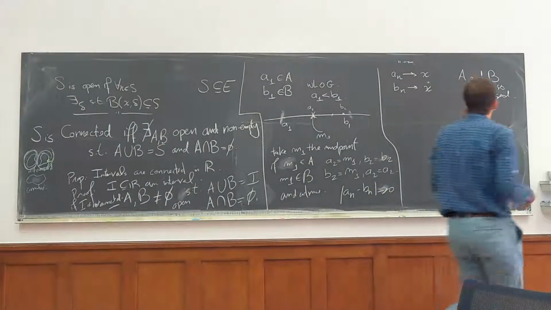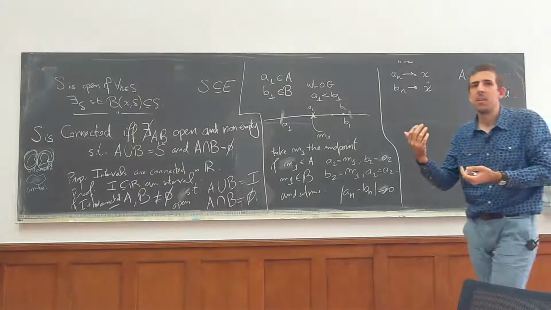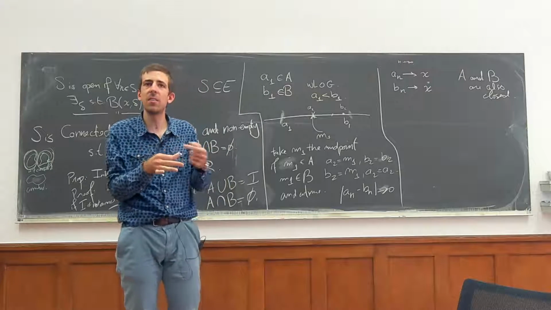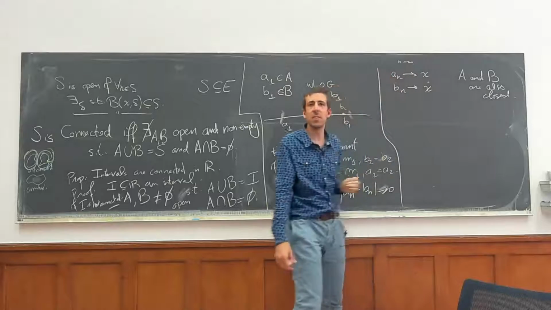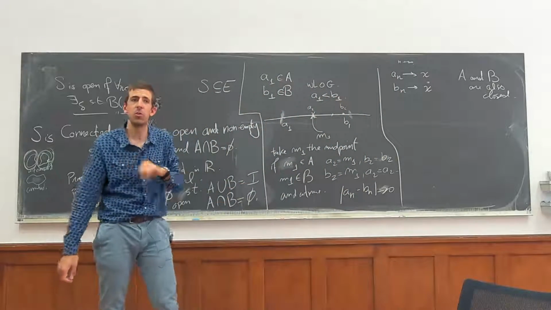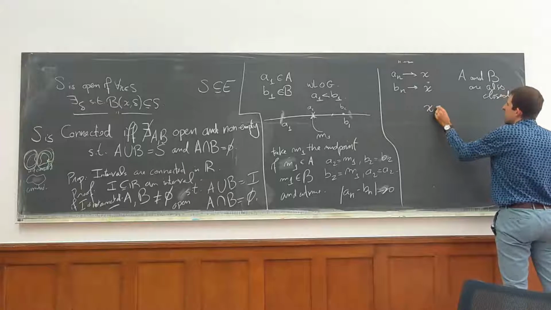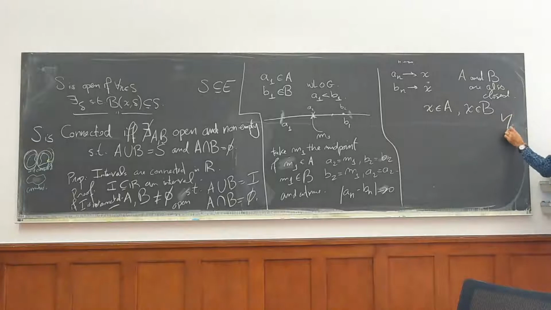There's a few different ways of seeing this. One way is, if it wasn't in the set, the things that are not in the set are open, and so you could make a ball around x where no element of An would get inside that ball, and therefore you couldn't have converged to start with. But since they're also closed, x needs to be both in A and in B. And so we get a contradiction.